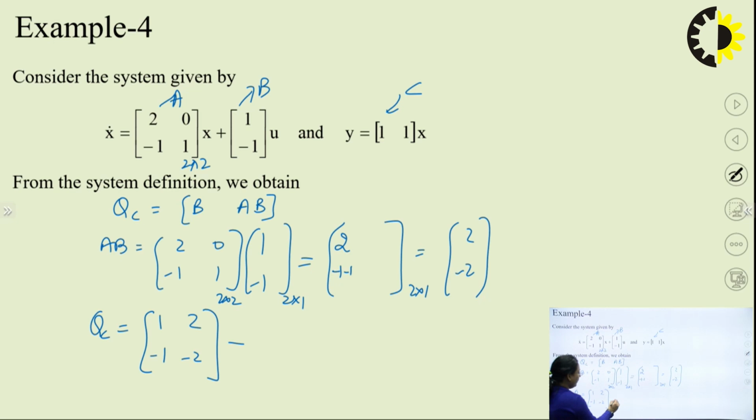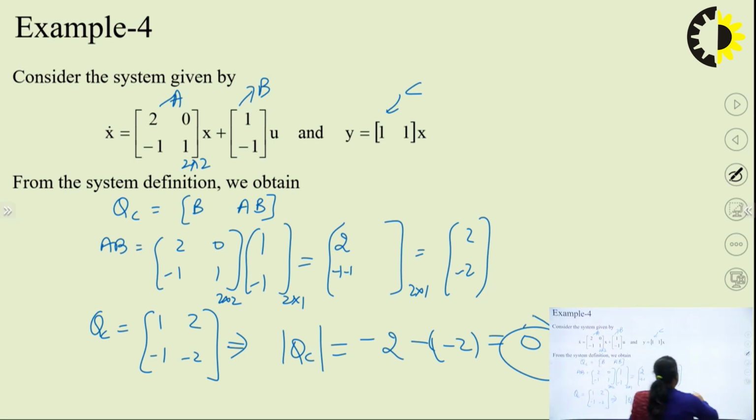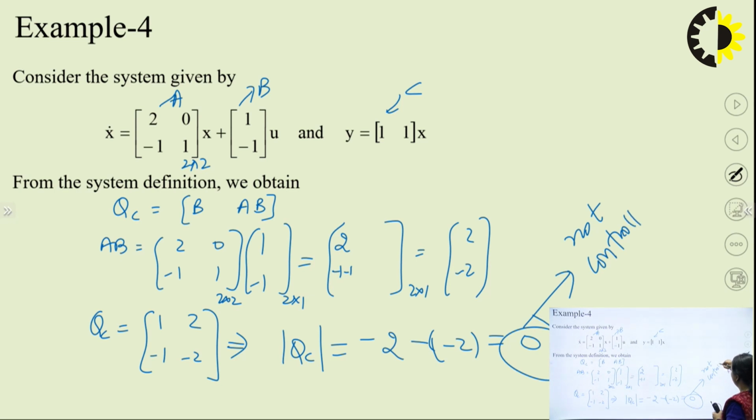If I calculate the determinant of QC, then it comes out to be minus 2 minus of minus 2, which equals 0. Since the determinant of QC is 0, this system is not controllable. Now let's go for the observability.